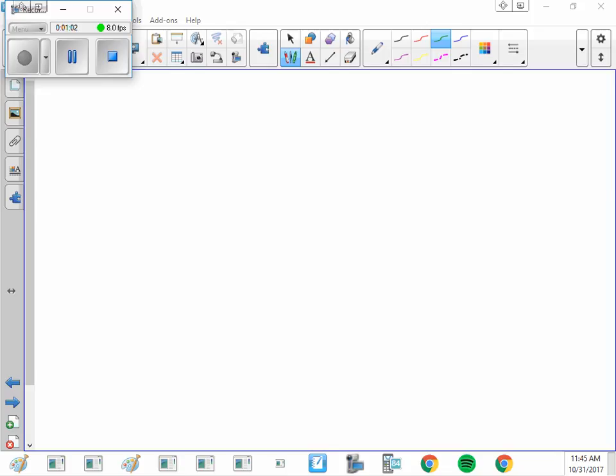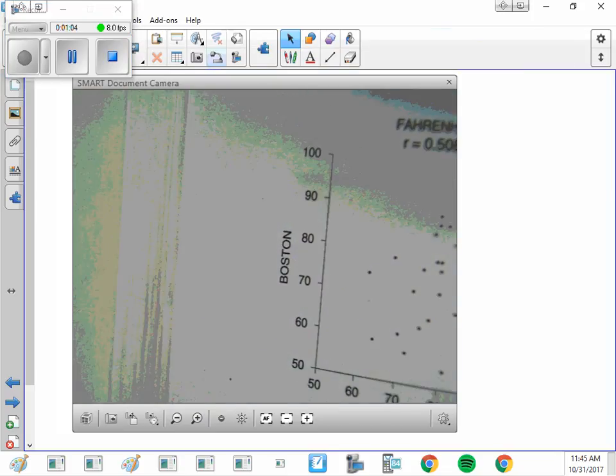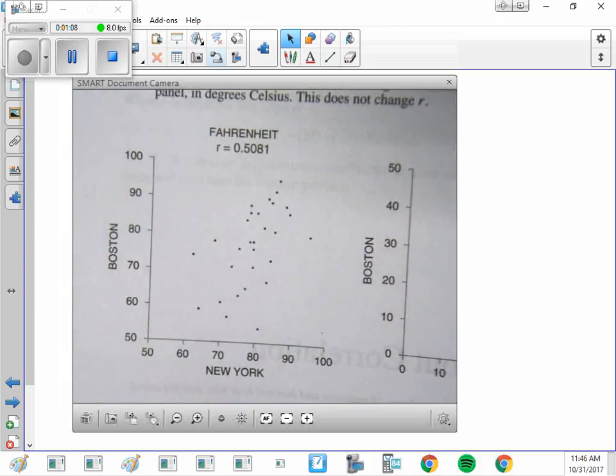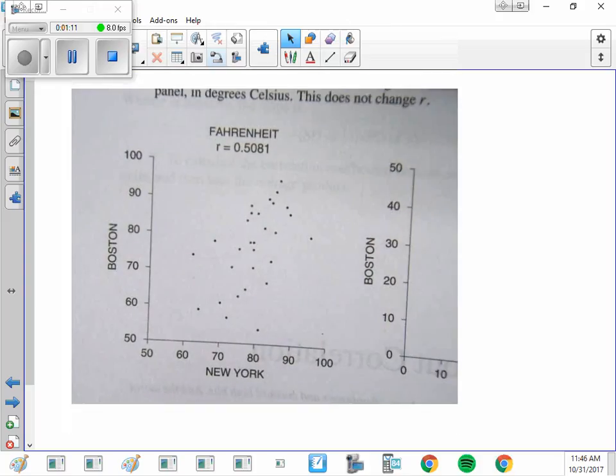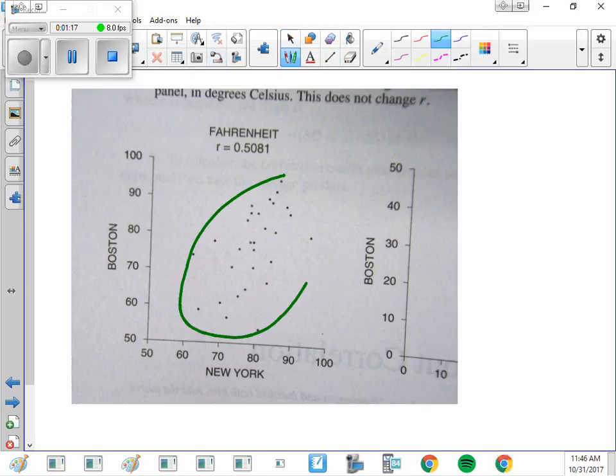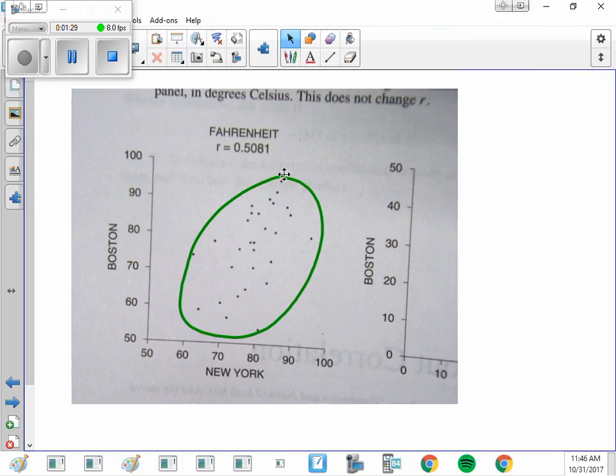Let me take a picture of this. Let's draw our football. Do we have a very good football? Not really. And it says our correlation coefficient is 0.5, which is pretty weakly associated. Let me start doing this.